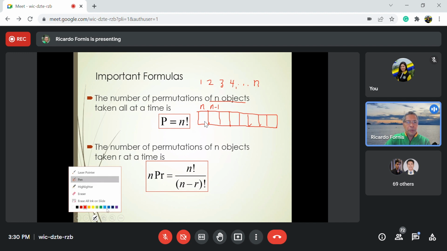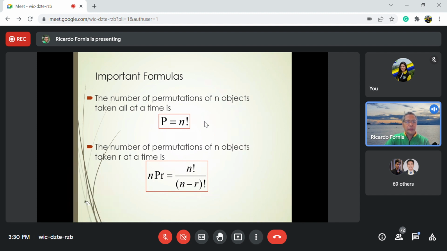Instead of doing it that way, I will do it this way, to be more understandable. Once again, we consider n objects: 1, 2, 3, and so on, up to n.